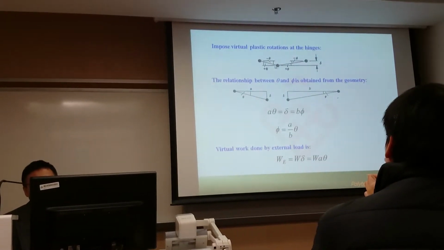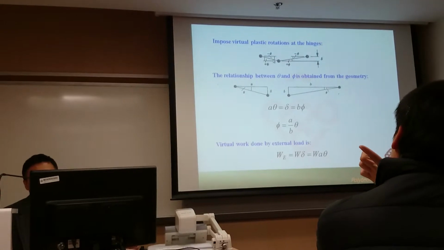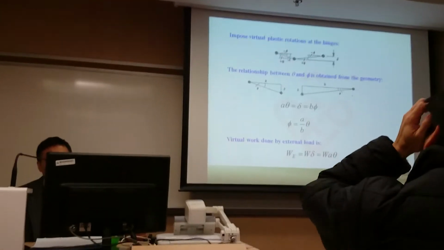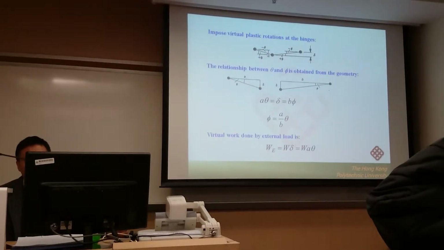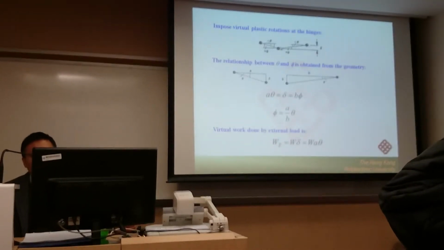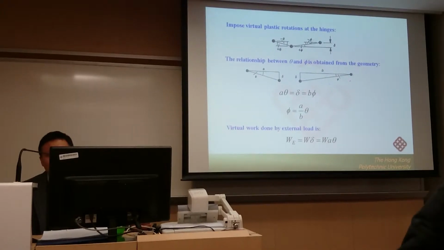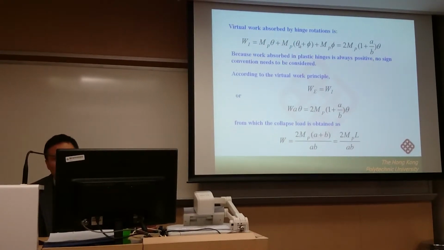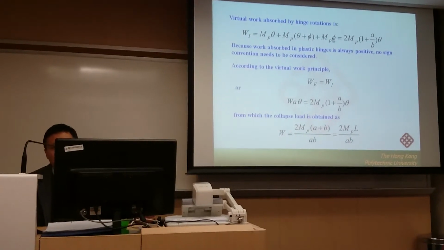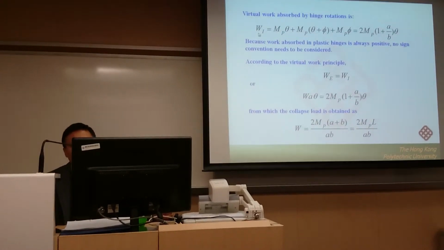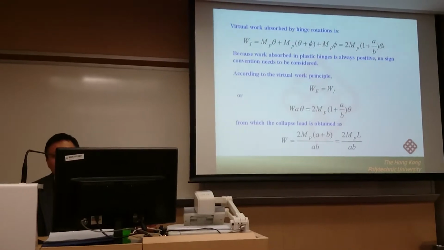The total relative rotation is equal to the rotation for the left segment plus the rotation for the right segment. So the rotation for the left segment is theta, and for the right segment is phi. So here it is theta plus phi. And for the right plastic hinge, the rotation is equal to phi.